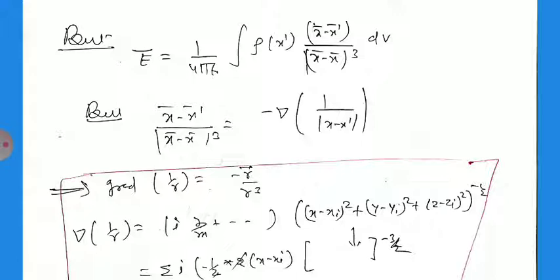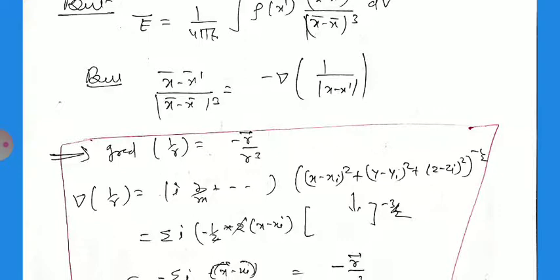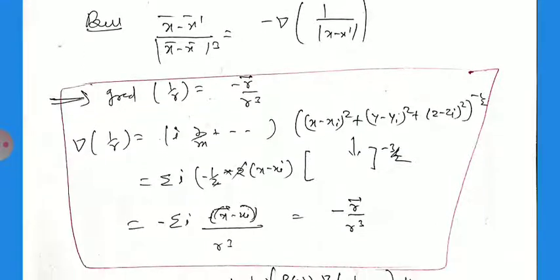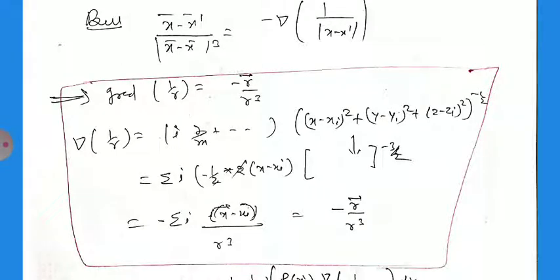Del of 1 by r, del is i cap del by del x plus so on, multiplied by 1 by r, which we can write as [(x minus x')squared plus (y minus y')squared plus (z minus z')squared] to the power minus 1 by 2. Differentiating this, we get minus 1 by 2 into 2(x minus x_i) to the power minus 3 by 2, and this gives minus i cap (x minus x_i) by r cube, and this is minus r divided by r cube. So this is the gradient of this.